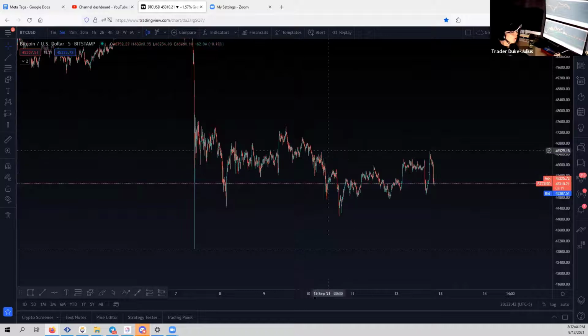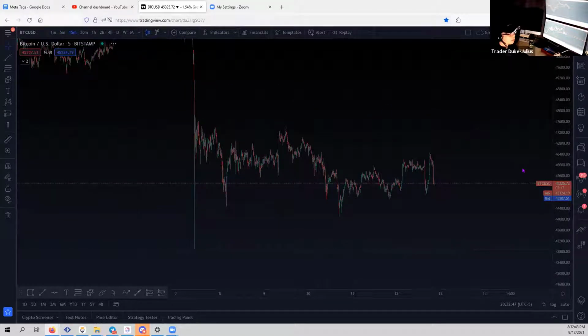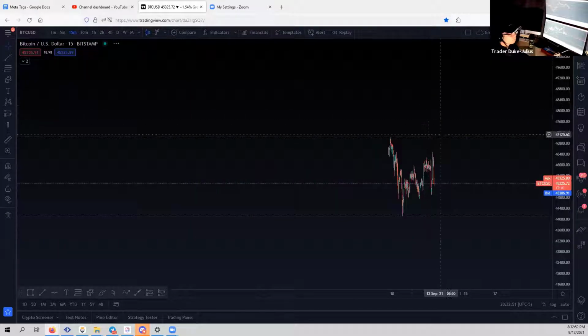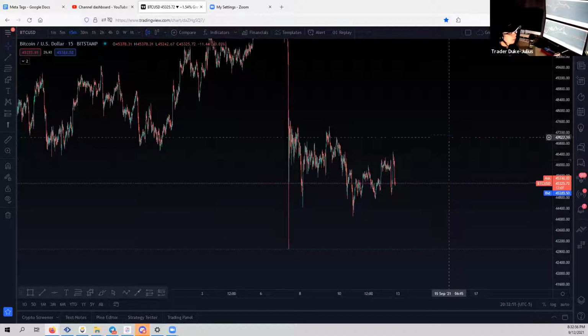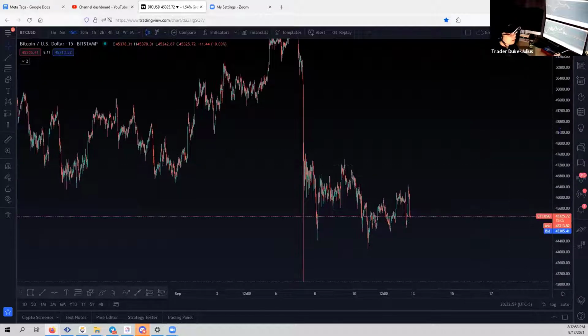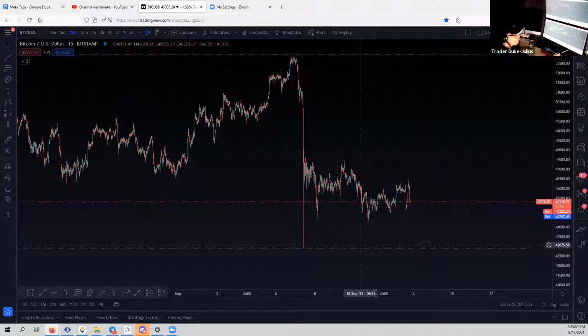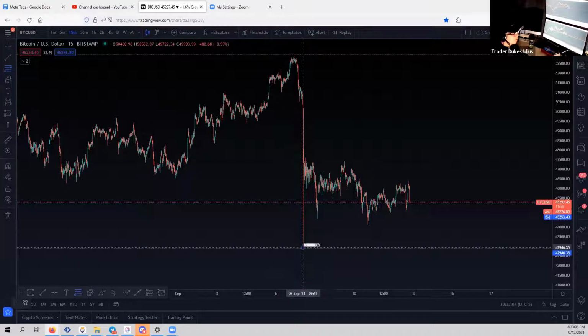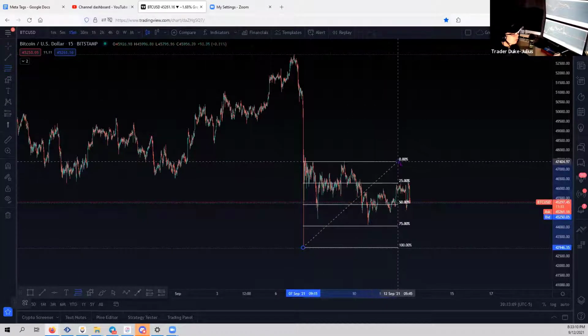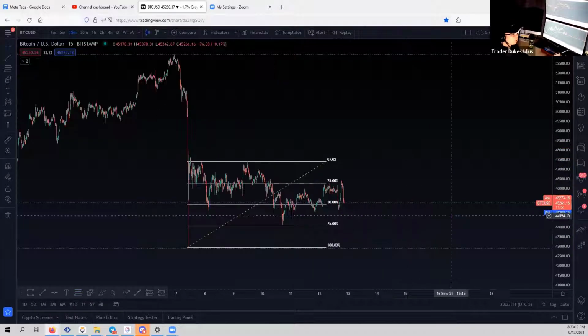Okay, so here's where we are, right? So let me just kind of give you perspective. All right, so this is present time on Bitcoin. So if we drop it to lower time frames, because I had indicated that you could drop your fib setting from here to here, right?